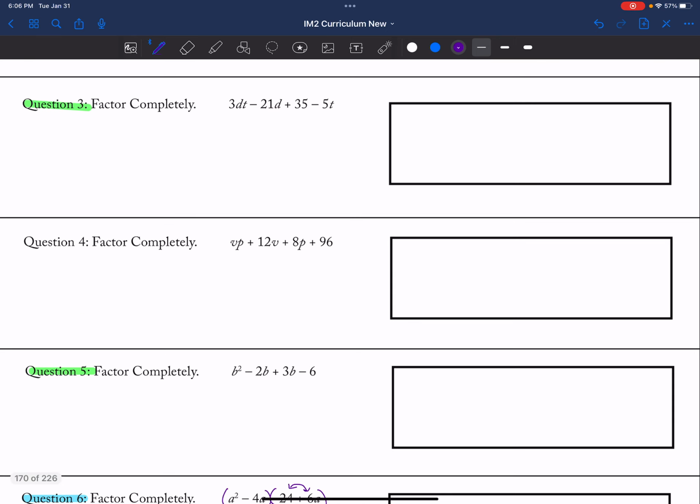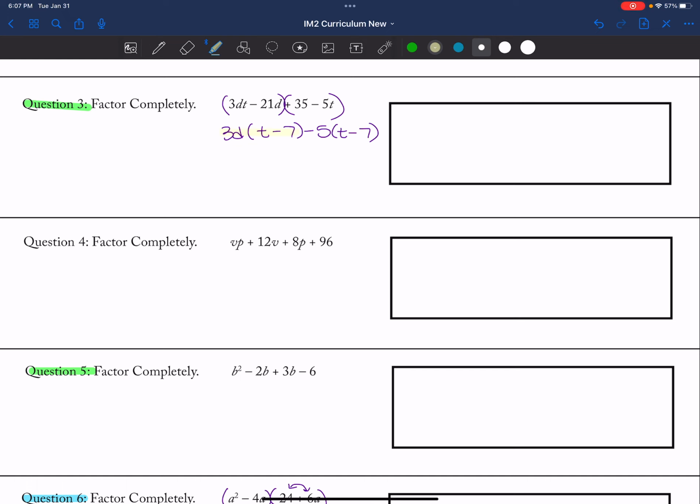Okay, and then 3. So let's see, a common 3D, and I'm left with a T minus 7. And then I'm going to factor out a minus 5 because I notice I have a negative T here. So I'm going to factor out a negative 5, and that gives me a positive T and a minus 7.